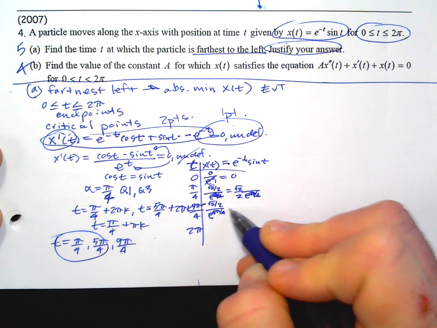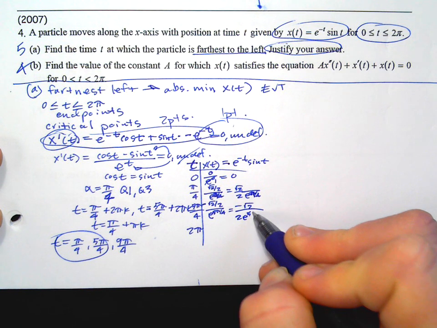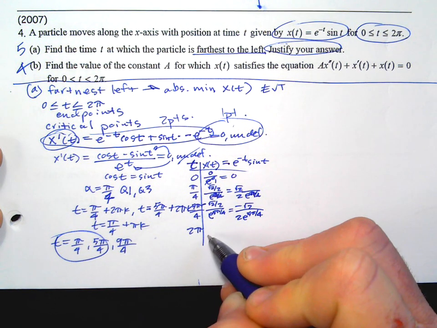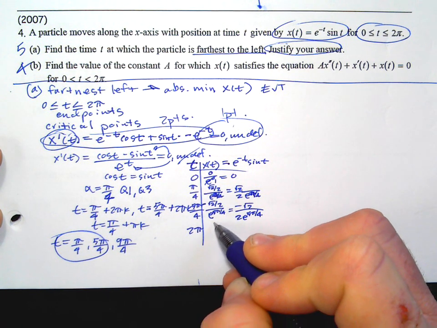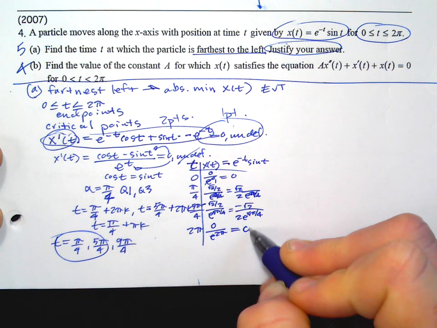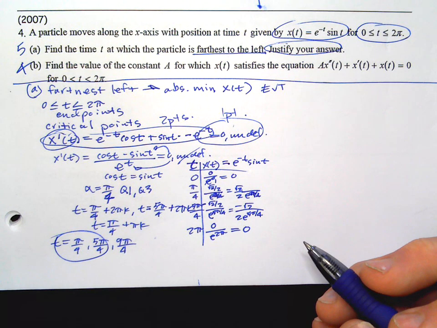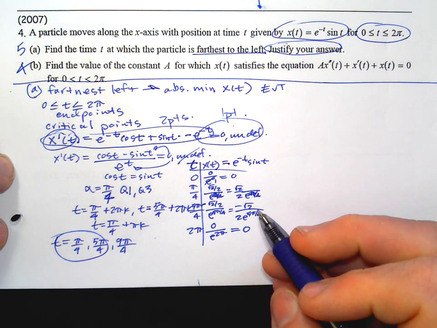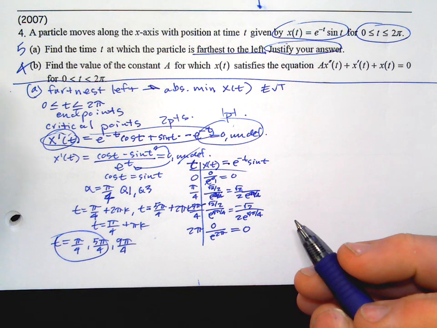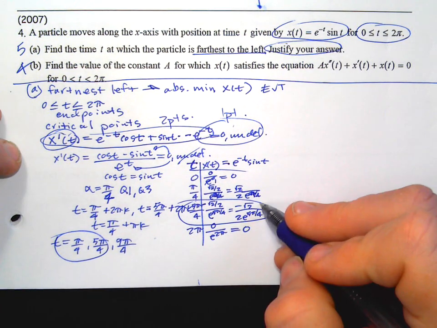So this is the same thing as negative root 2 over 2 e to the 5 pi over 4. And then 2 pi, sine of 2 pi is 0 again over e to the 2 pi is still going to be 0. Now, those are some ugly values, and you don't have a calculator, and you're like, oh, do I have to estimate these? Okay, now you're looking for the smallest one, right? This is the smallest one. It's the only negative one, right?